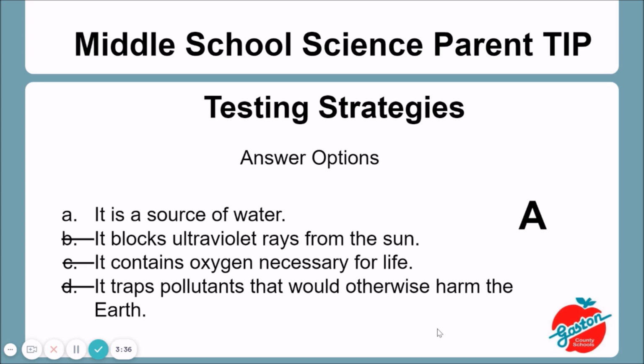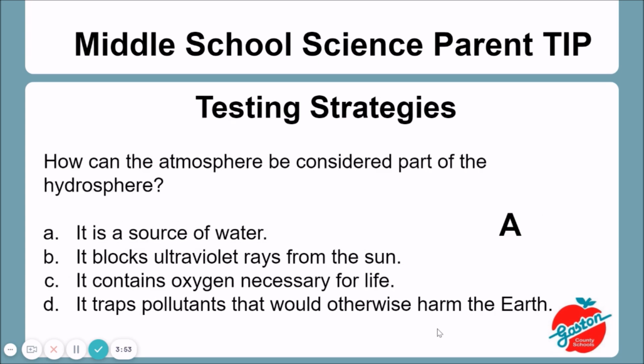We know that the atmosphere contains water and the hydrosphere speaks to water. Options B, C, and D do not speak to water, so they must be eliminated.